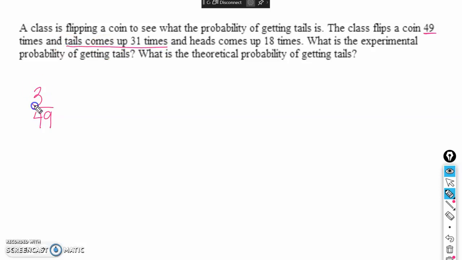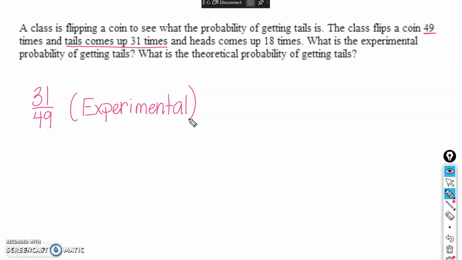So 31 out of 49 is the experimental probability, because that's what happened when the experiment was actually conducted. So when the experiment was conducted 49 times, flipping the coin, it landed on tails 31 times. So again, the experimental probability of getting tails is 31 out of 49.